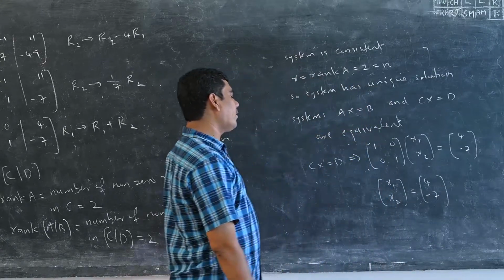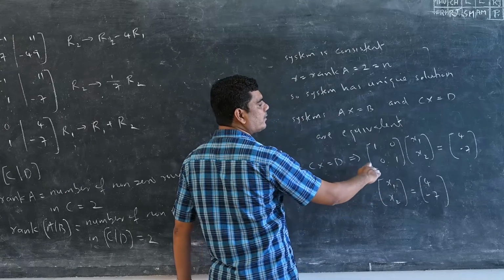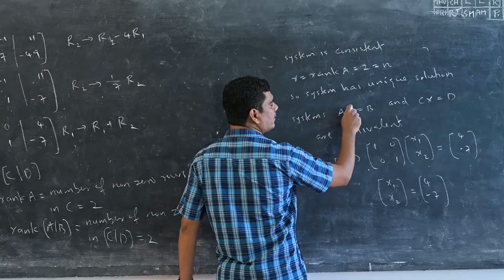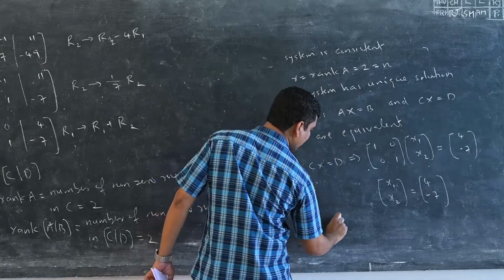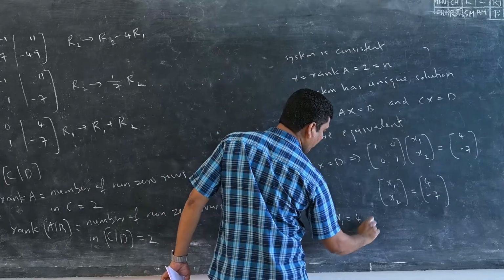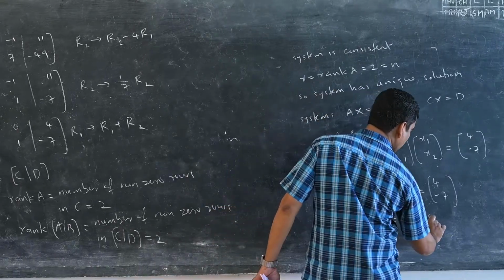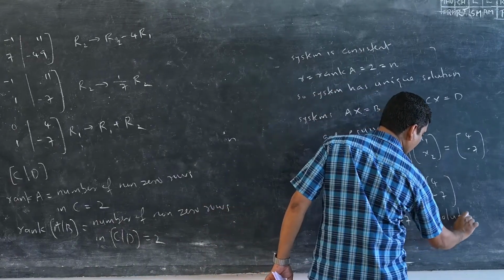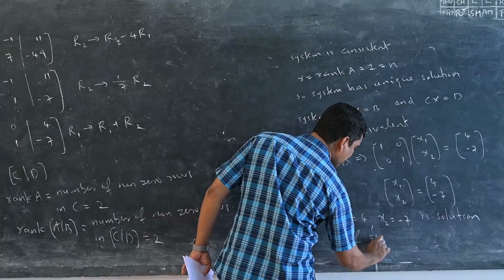So this column matrix 4 minus 7 is the solution of Cx equal to D, and so it is the solution of the matrix equation Ax equal to B. That is, x1 is equal to 4, x2 is equal to minus 7 is the solution of the given linear system.